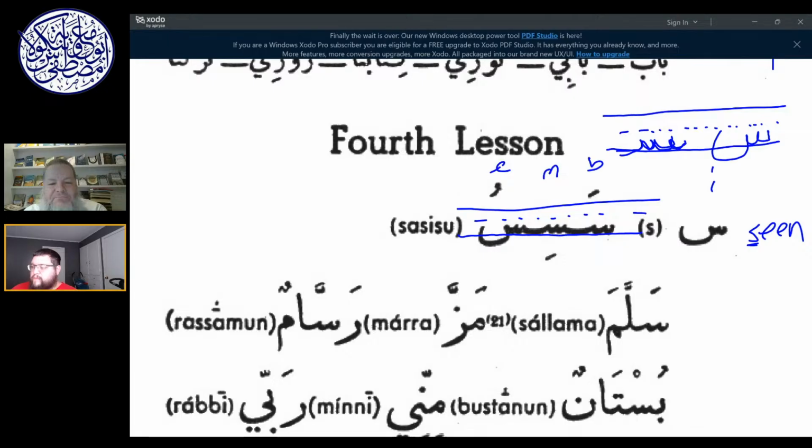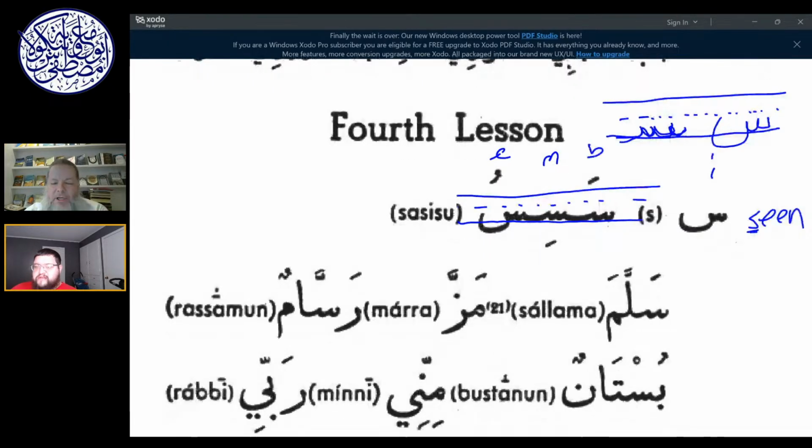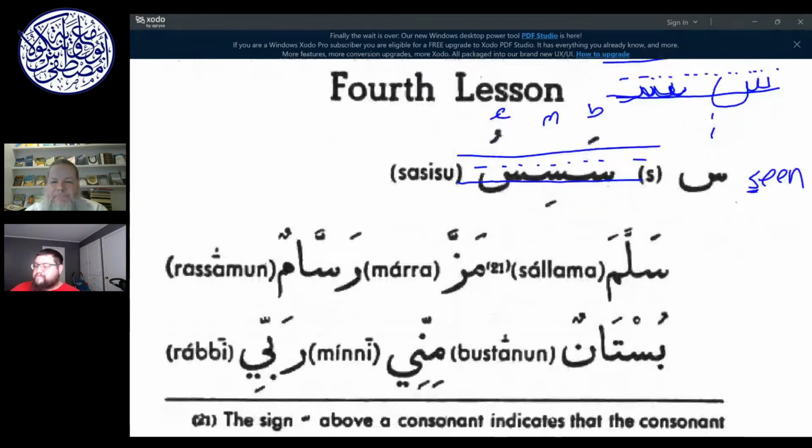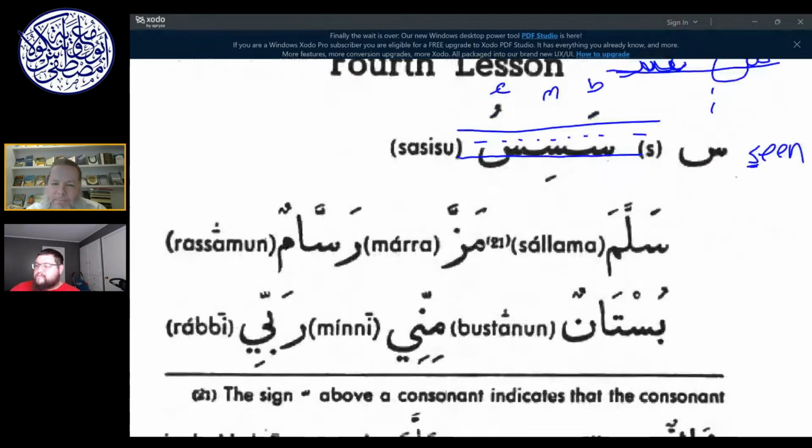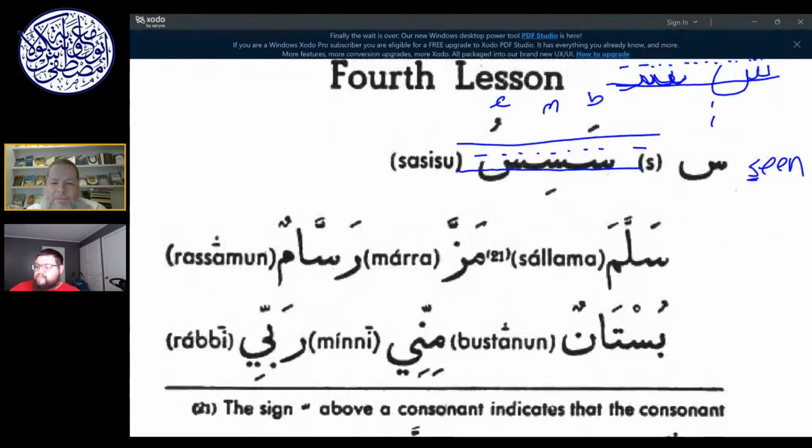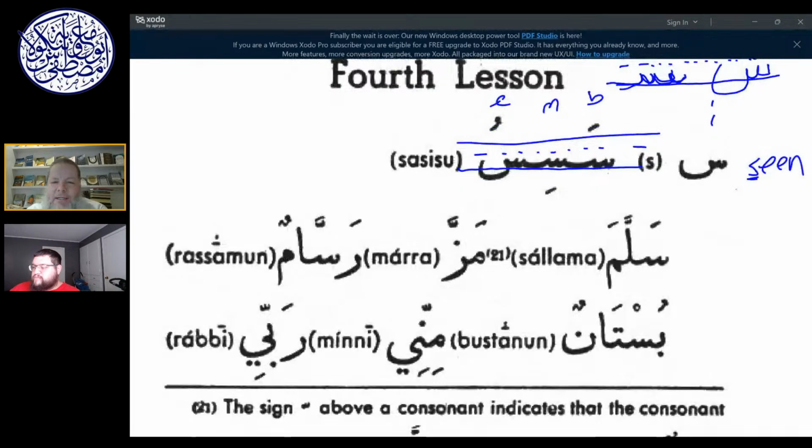The end and isolated are pretty much the same. Seen in the beginning and the middle is just missing this big old tail, but it still has our three peaks, right? Our three peaks, not humps.